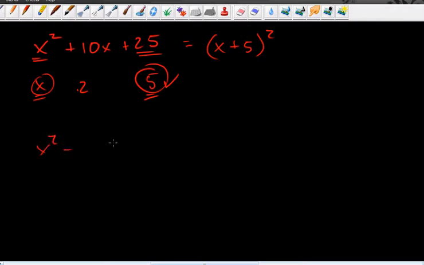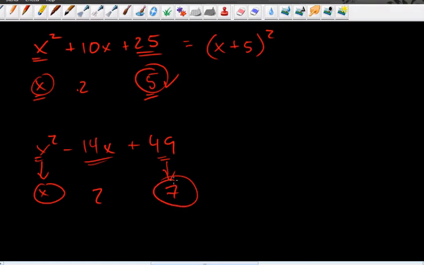What if you had x squared minus 14x plus 49? Well, again, the first term and the last term are both perfect squares. This is the perfect square of x, and this is the perfect square of 7. And the middle term, in this case, is 2 times x times 7, or almost.